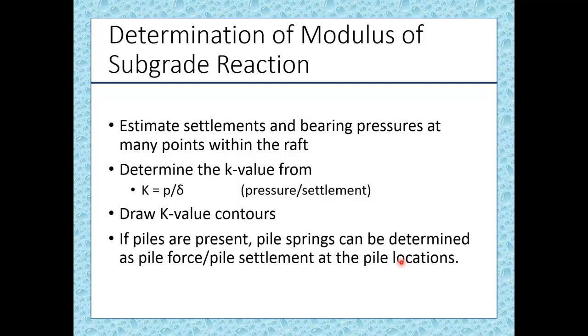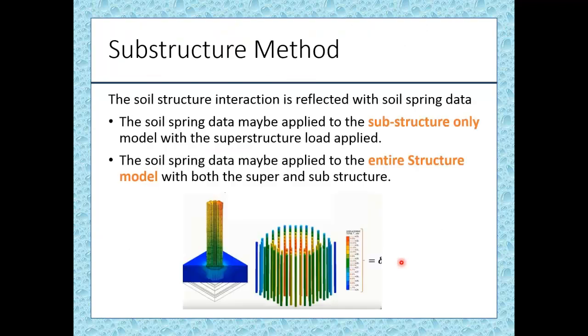Now, in the determination process of the modulus of subgrade reaction, let's look at the substructure method again. The most common way of simulating soil by structural engineers is the use of soil spring supports. The substructure method itself is largely divided into two types. One handles the substructure apart from the superstructure, with the superstructure information reflected using the load and boundary conditions applied to the top of the substructure.